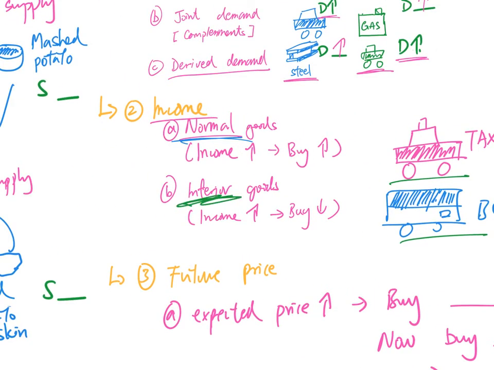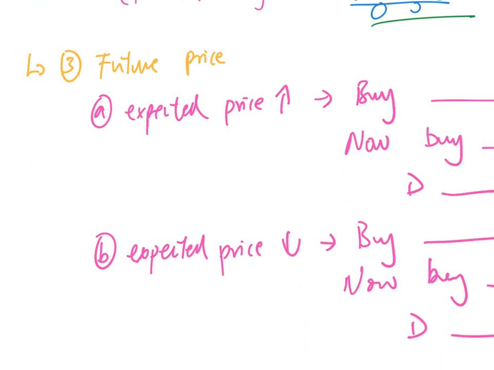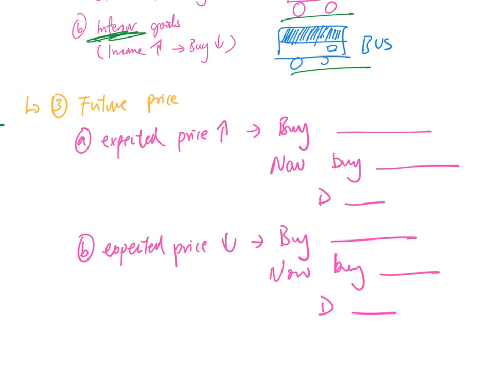The last one is about the future price. For example, if we're talking about buying stocks or investments, for example, apartments, the expected price may change, and that would really change the current demand. Think about this. If we find that the flat will become more expensive in the future or tomorrow, should I buy it now or later? Should be now.